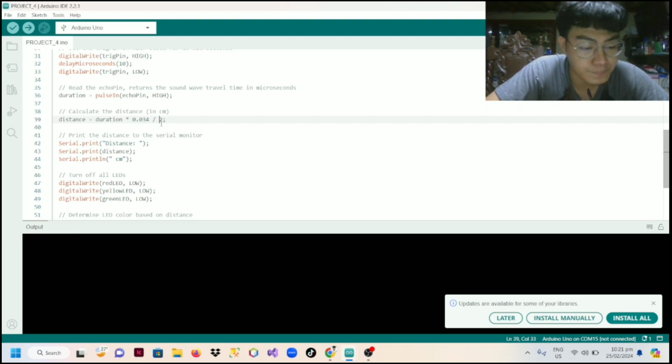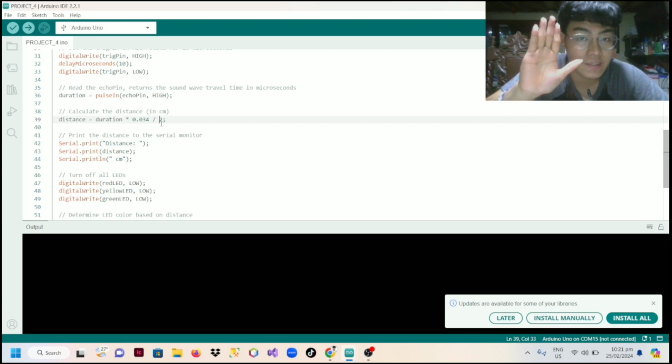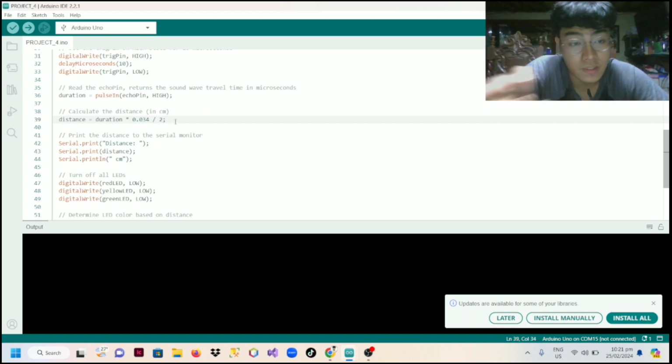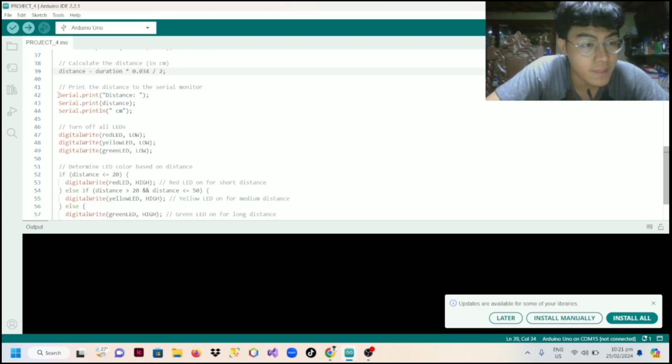Also, the distance traveled is half the total distance because it's a round trip from the sensor to a certain object. So that's why we have put 2, because it's a round trip. Of course, this method is only visible to our serial monitor.